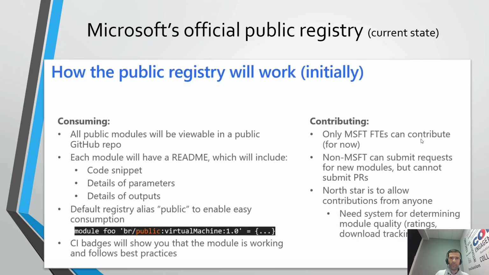The basic thing preventing community members for now from publishing on the repo is the requirement to have an approval process in place. Once this is done, Microsoft will also need to set up some things like ratings, download tracking, and so on, somewhat like you can see today on NuGet or the PowerShell Gallery, for example.